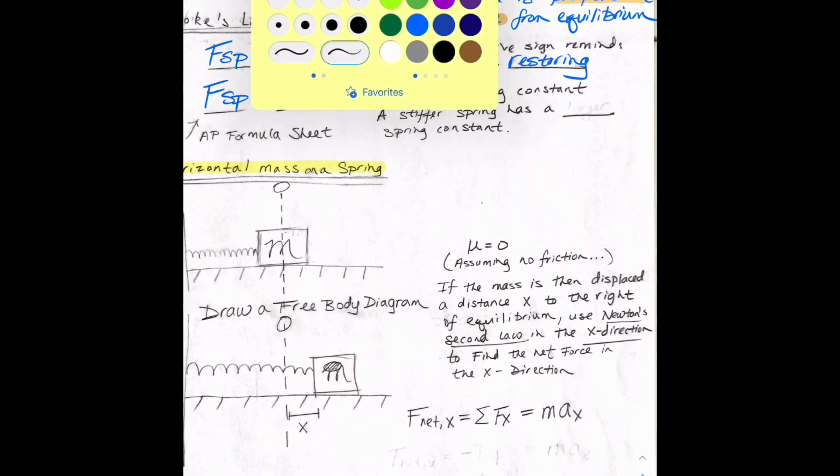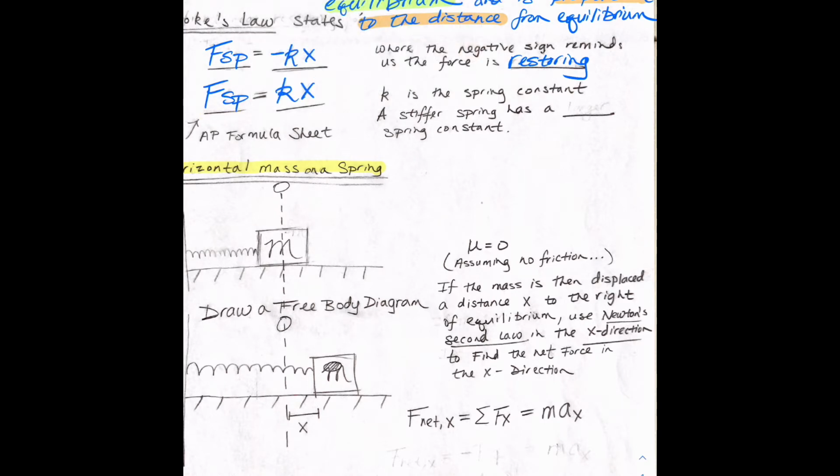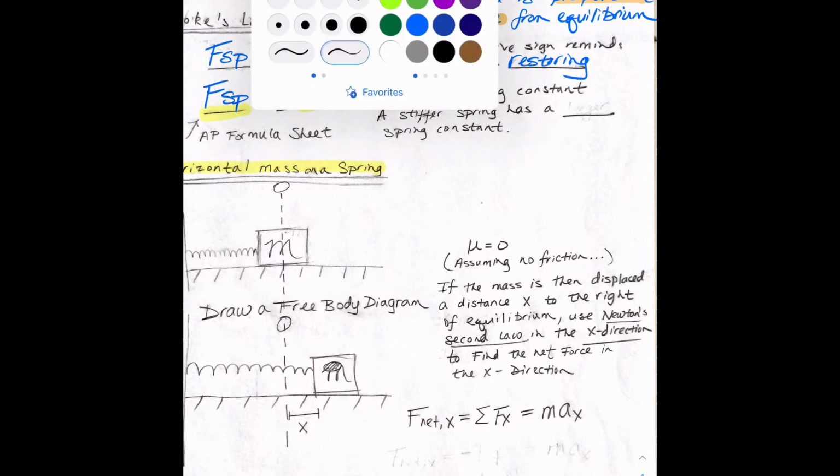So k is the spring constant that relates these two values. The idea is that the force spring is proportional to the distance, and that k is the proportionality constant. So k is going to stay constant. I can make a note there: proportionality constant.